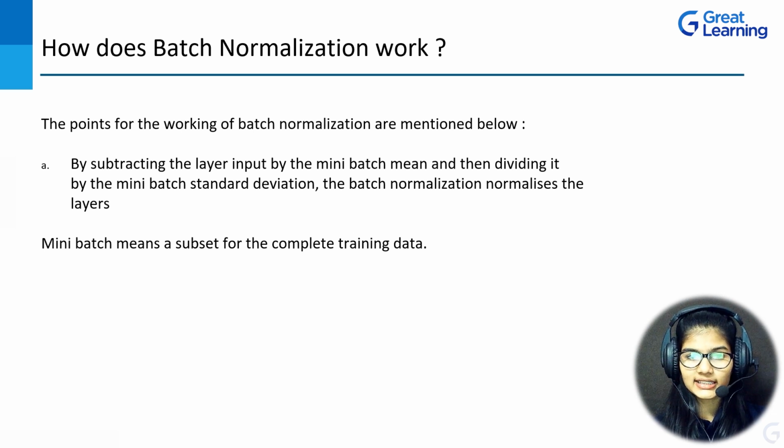The batch normalization normalizes the layer. So after these two very simple steps, batch normalization normalizes the layers, right? Let me tell you once again in detail, because I know it's a little confusing, but once you get this, you are not going to forget it for your whole life.